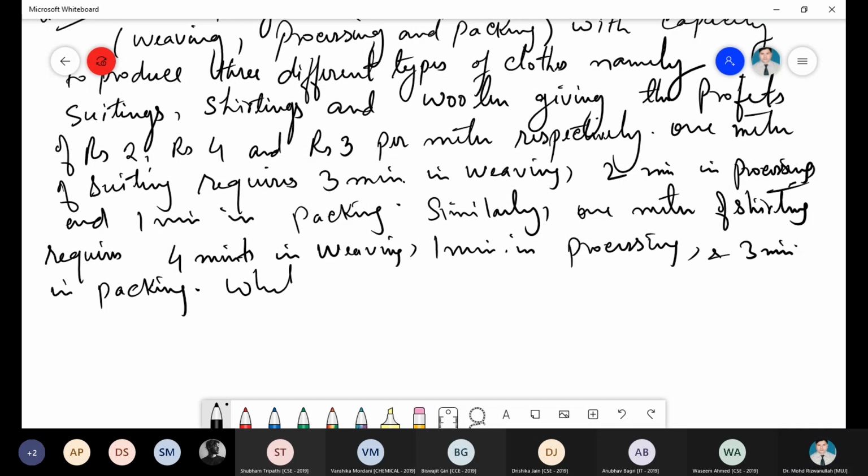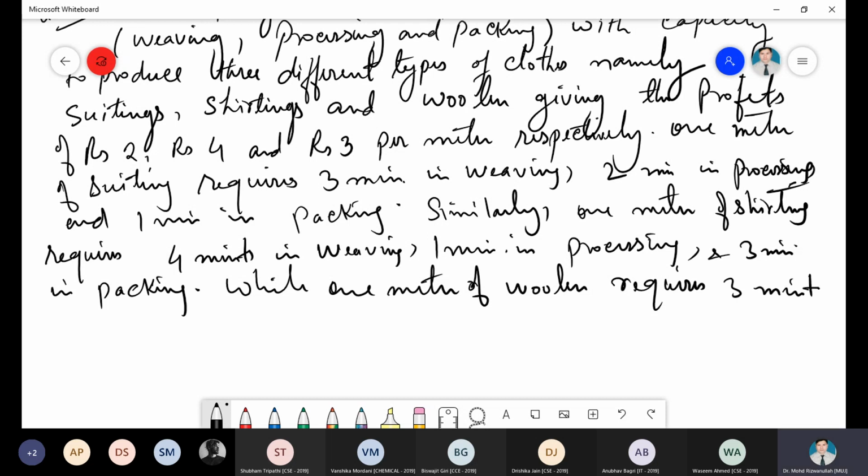While 1 meter of woolen requires 3 minutes in each department.